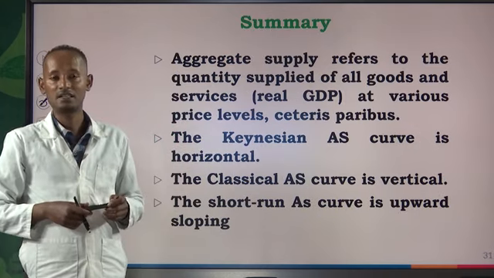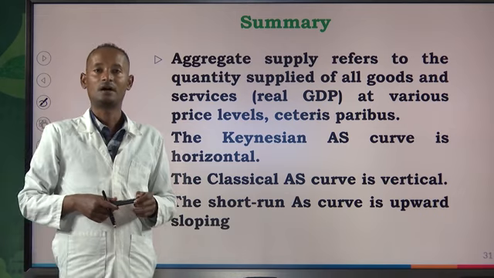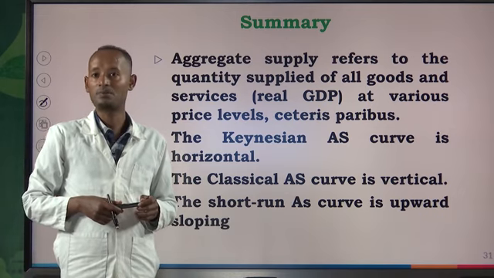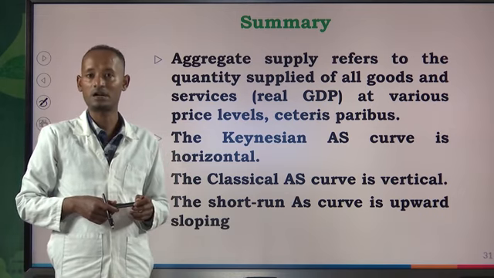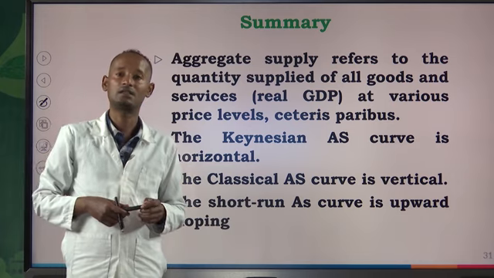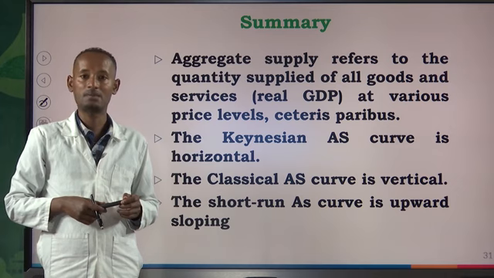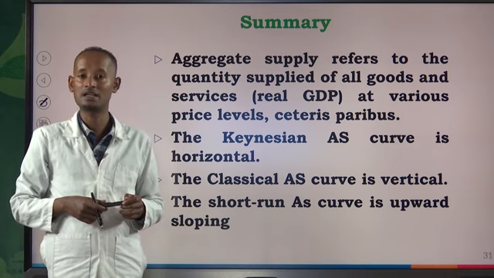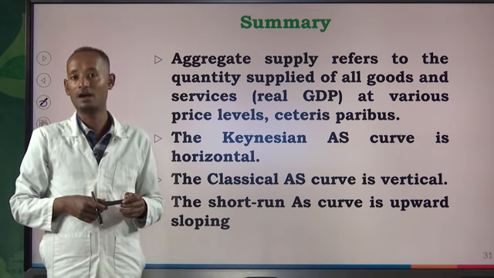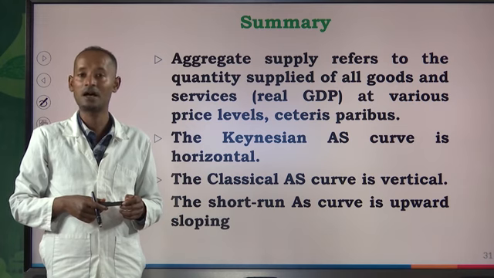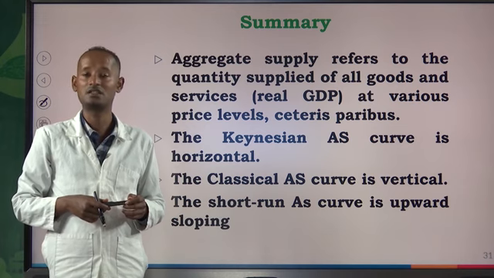Students, let's summarize the day's lesson. Aggregate supply refers to the quantity supplied of all goods and services or real GDP at various price levels, ceteris paribus. And the Keynesian aggregate supply curve is a horizontal aggregate supply curve indicating that any amount of a product is supplied regardless of changes in the general price level.